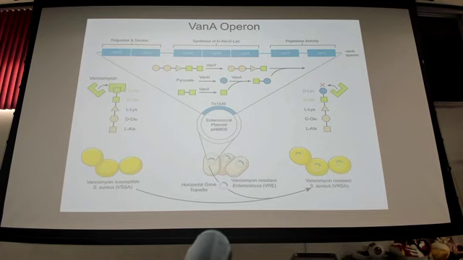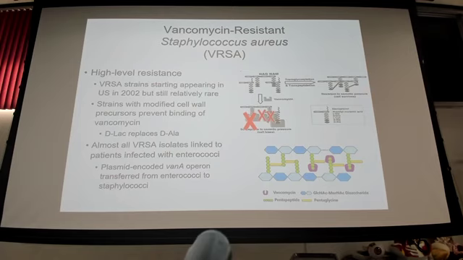The last one is an alanine, so it's a D-Ala, the 4th and 5th peptides. These VRSA strains have an operon, it's called the VanA operon, that they get from another bacterial genus called Enterococcus that causes them to produce D-Ala-D-lactate and then make a weaker binding. And so kind of look over, make sure you conceptually understand what's going on there with that operon that can be horizontally transferred from different bacterial genera.